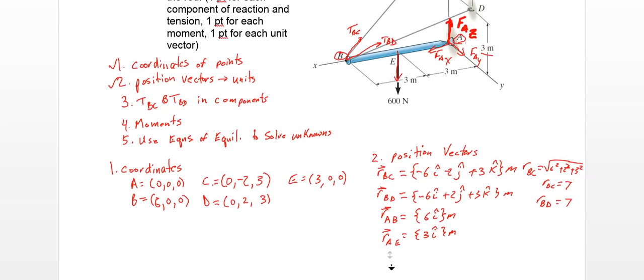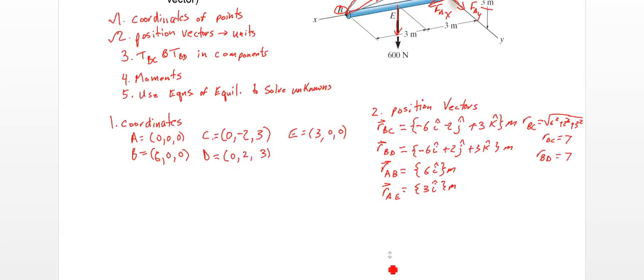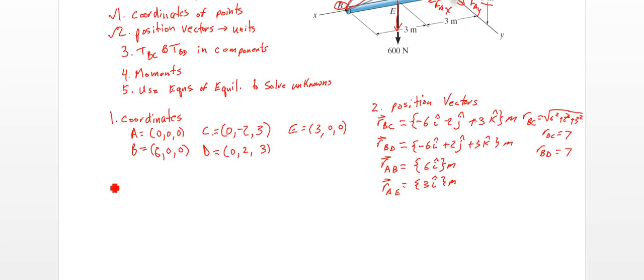So let me scroll down a little bit. I'll call this step 2B, unit vectors. So we're going to have U_BC equals negative 6 sevenths i minus 2 sevenths j plus 3 sevenths k.